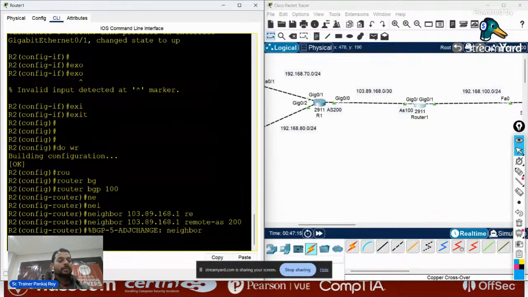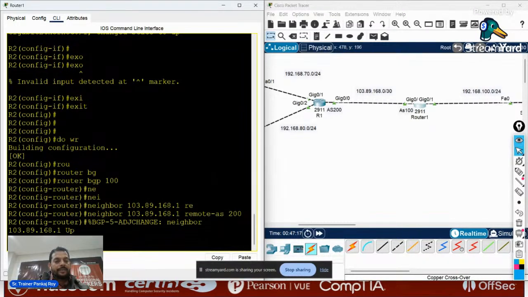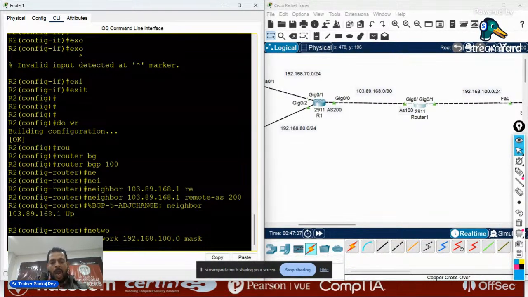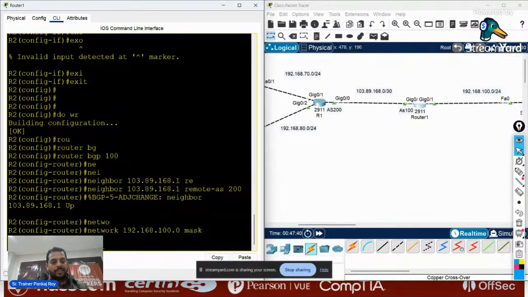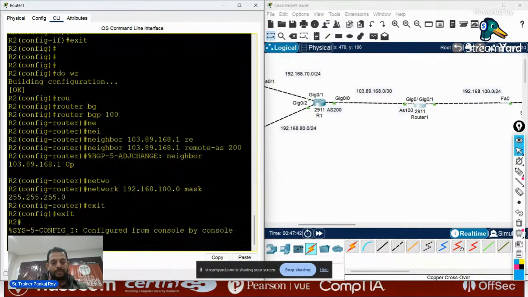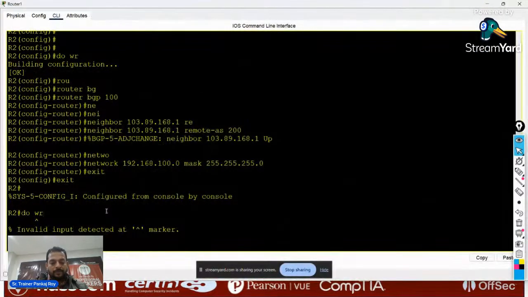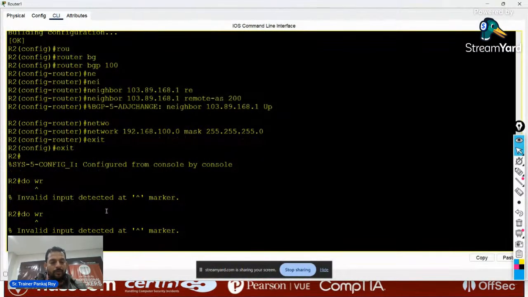Now BGP is up, okay, the adjacency has been established. Now network 192.168.100.0 mask 255.255.255.0, exit, and do WR.